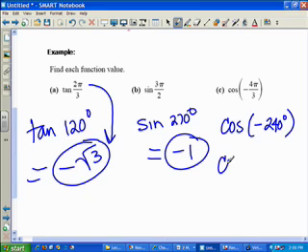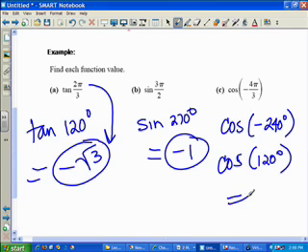So this is the same thing as the cosine of positive 120. Going 240 degrees clockwise is the same thing as going 120 degrees counterclockwise. You're at the same location. So 120 degrees, we are in quadrant 2, cosine is negative.